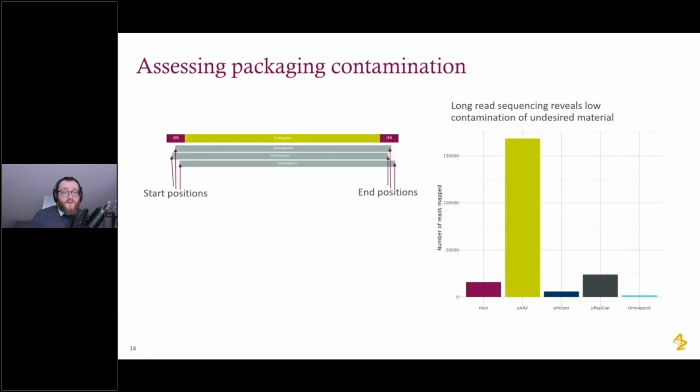The other interesting part on this data is we can assess the completeness. In an ideal scenario, all our reads would be perfect ITR to ITR reads, essentially sequencing the entire ITR to ITR region from start to finish.